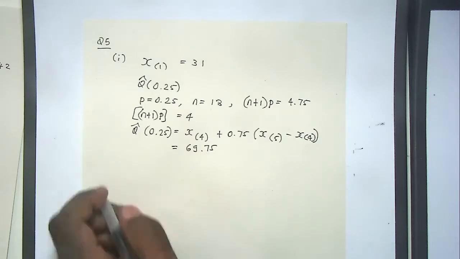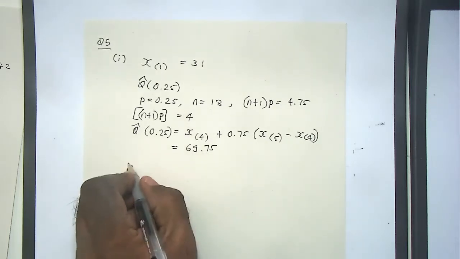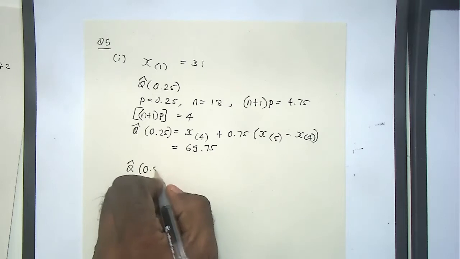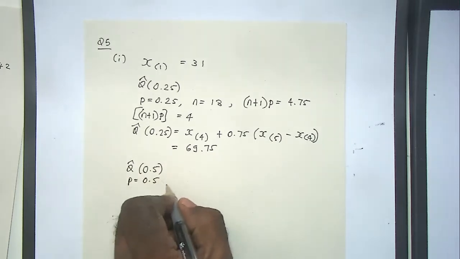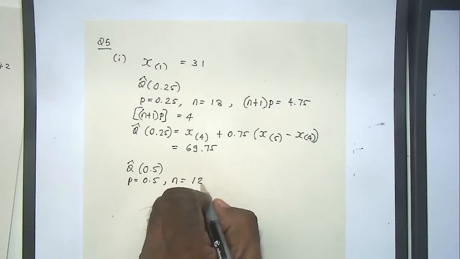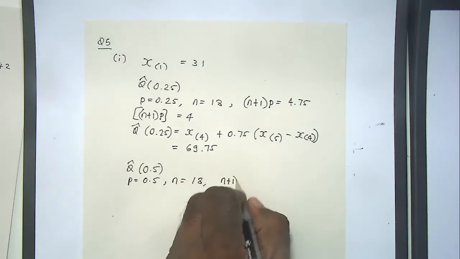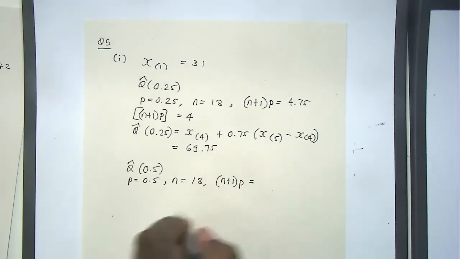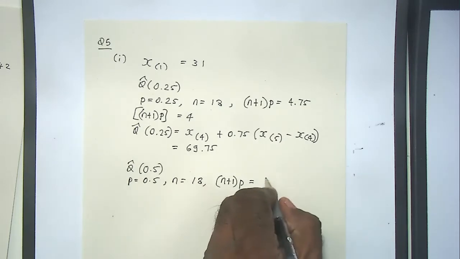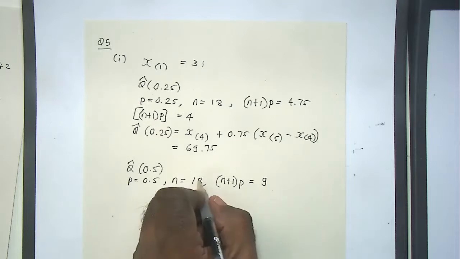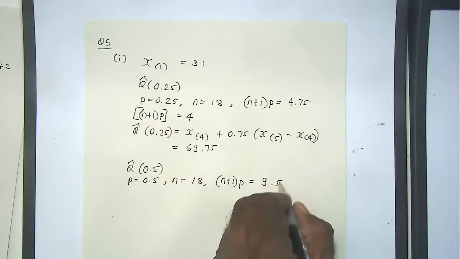Now Q hat at 0.5, your p is half and your n is 18, so (n+1) times p is 9.5.